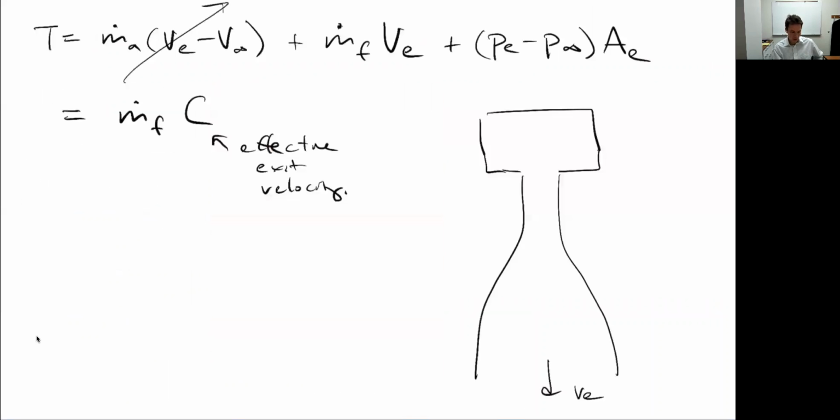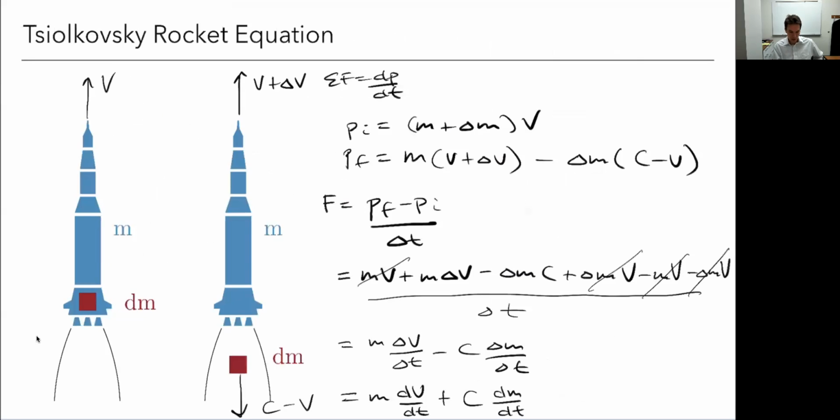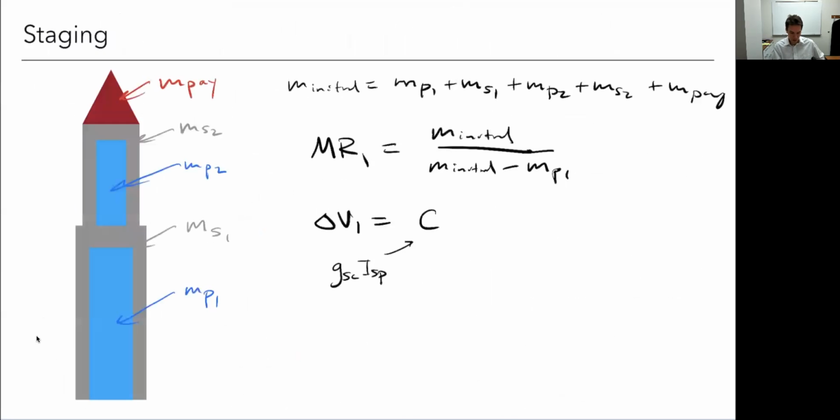And if we look here, thrust over m dot f equals C. So we often write it this way because Isp, the specific impulse, is maybe more fundamental. So I'm just going to write g Isp times the log of that first mass ratio. So here I'm just using the rocket equation for stage one.